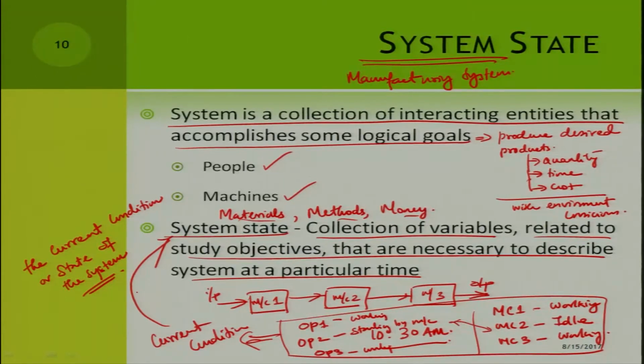System state is an important thing in any simulation, because you always study the system at different time points, discrete time points, and that system state is averaged over time to come up with an average behavior of the system. You repeat this study many times, and once you repeat the study you are able to achieve a very good, highly confident estimate about the behavior of the system.